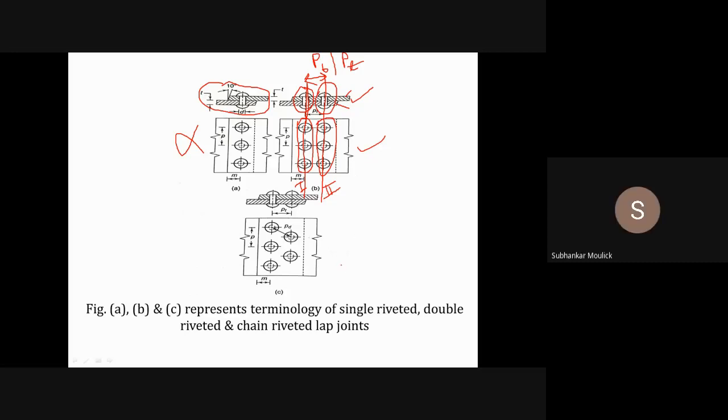Okay. So let us look into whether transverse pitch is possible in zigzag riveting. This is a zigzag double riveted lap joint. This is the front view of the schematic diagram and this is the top view.